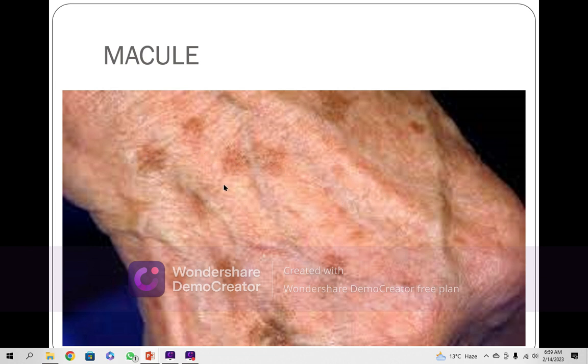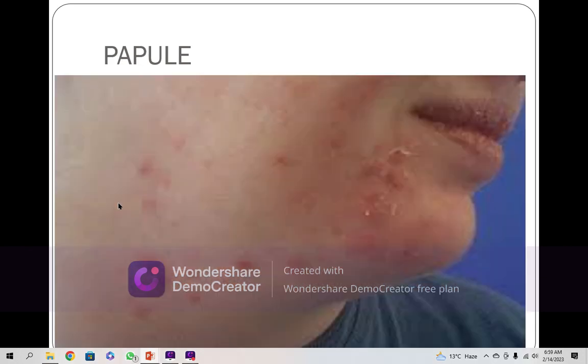The area between the two is normal. You see it on the neck area, here is the nose, and in this part of the body, where it started and then involved the other parts of the body.